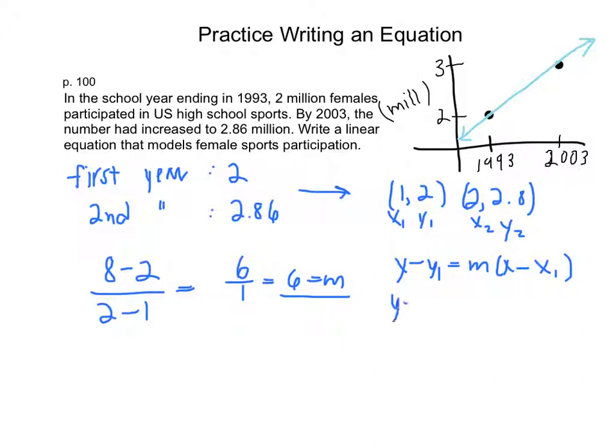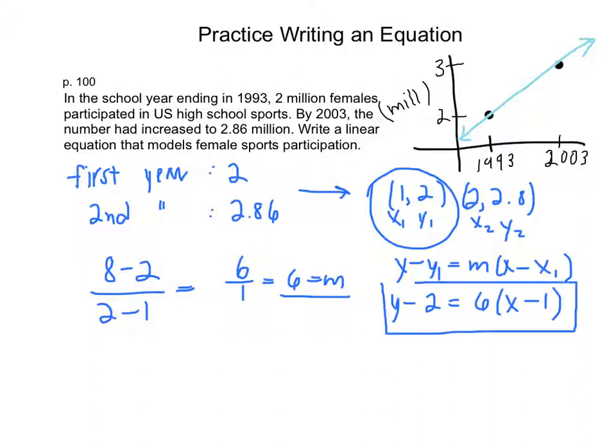We choose one of the points, so let's use this point here: y minus 2 equals 6 times x minus 1. It doesn't specify what type of linear equation, it just says to write one, so I will leave it in point-slope form. Our final answer is y minus 2 equals 6 times x minus 1.